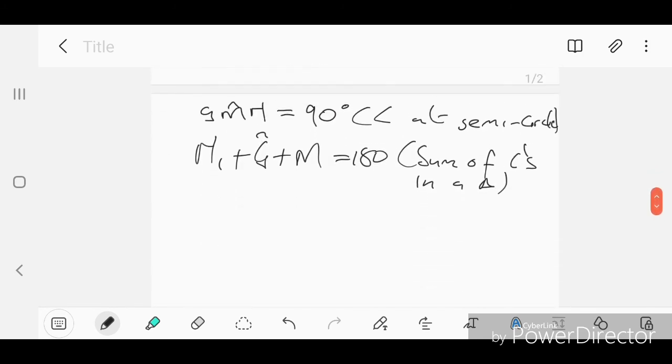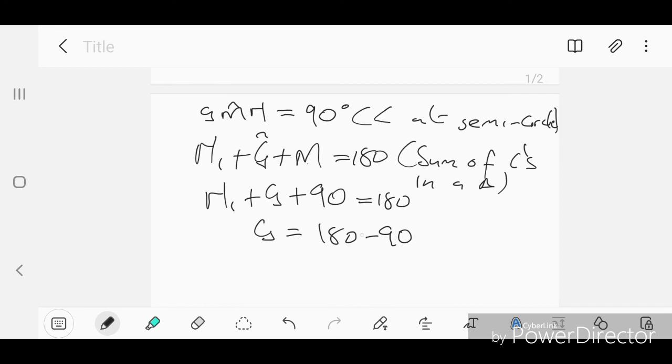So N1 plus G plus 90 degrees equals 180. Then I want G alone, so G equals 180 minus 90 minus N1.